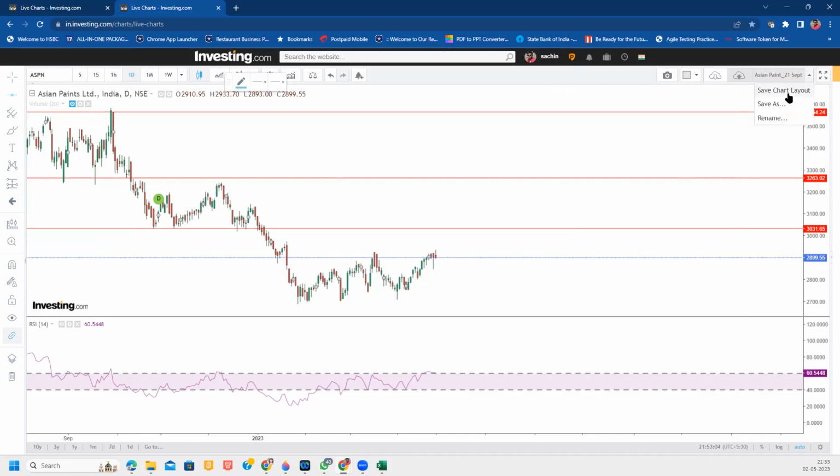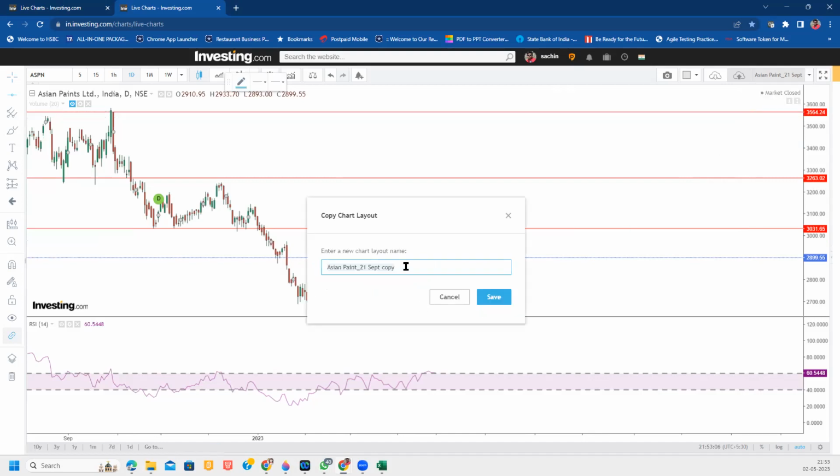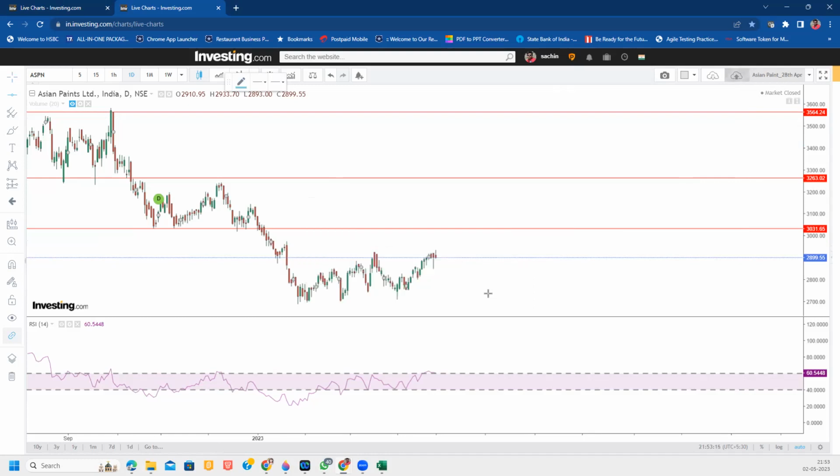Maybe I will do a save as and say 28th. Every time, using the same date is not nice. For any equity we can have one chart name, because if every day you save it with another name it will be huge. But initially, for practice, let us save it for individual analysis or individual names.